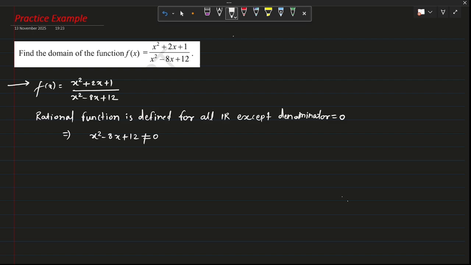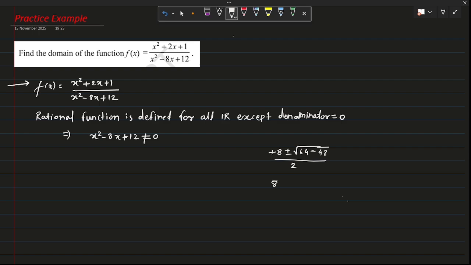That means x² - 8x + 12 = 0. So here we find the value of x = (-b ± √(b² - 4ac)) / 2a, that is (8 ± √(64 - 48)) / 2, and a is equal to 1 here.